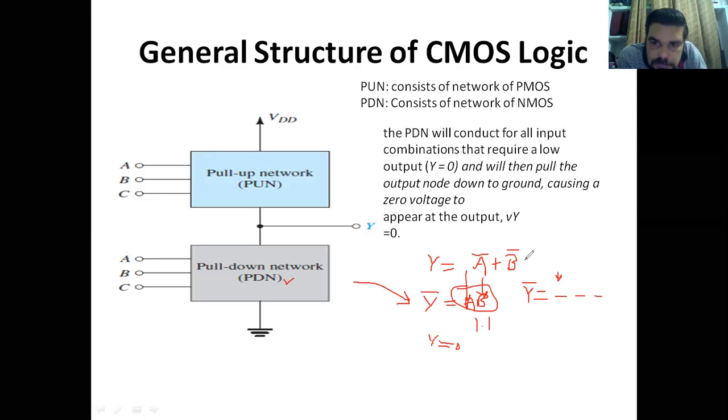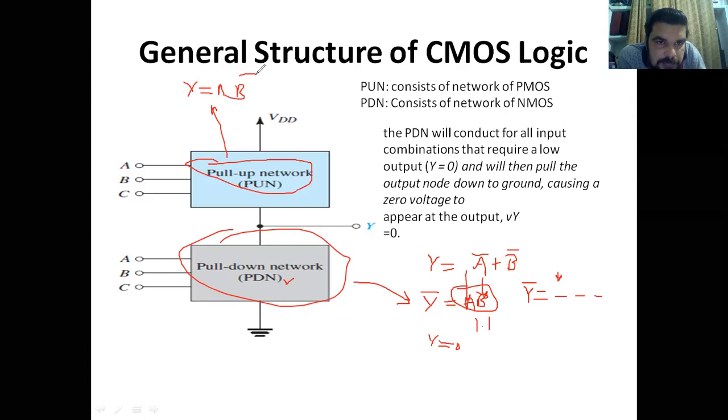Now if I consider the pull-up network, it basically works in reverse to the pull-down network. So in order to design the pull-up network, we have to convert the combinational logic into the form Y equals an expression in which all the inputs are in active low form. By seeing that, we can design this network easily.